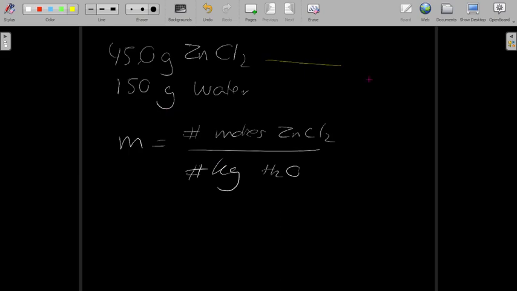Well, translate those grams into moles. Grams of zinc chloride at the bottom. I want to end with moles of zinc chloride.